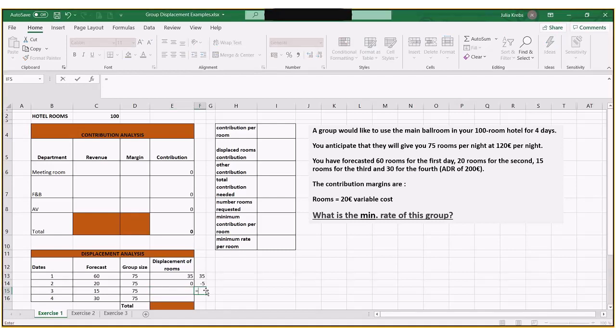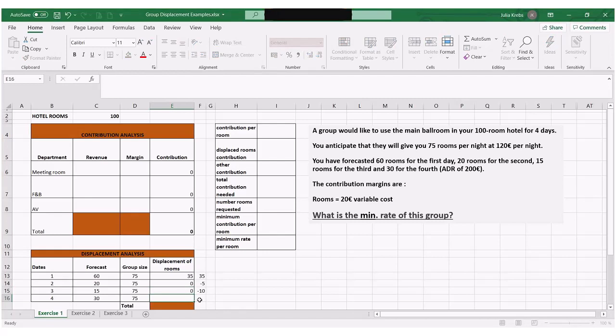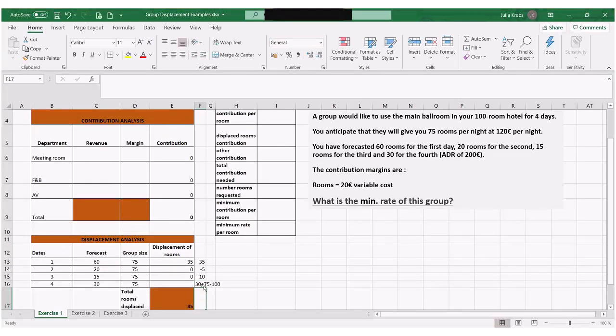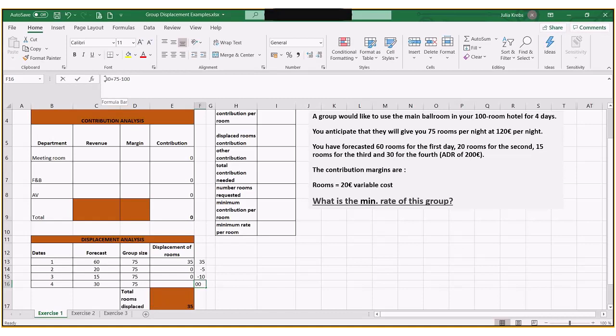Then for the third day, 15 plus 75 minus 100 is -10. So again, we have 10 rooms left to sell, and displacement will be 0. And for the fourth and final day, it's 30 plus 75 minus 100 once more, and that gives us a displacement of 5 rooms, which we're going to write in here.